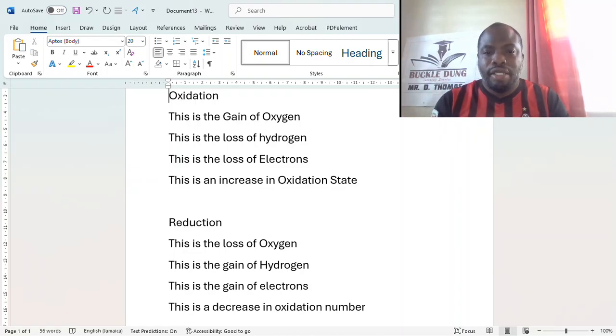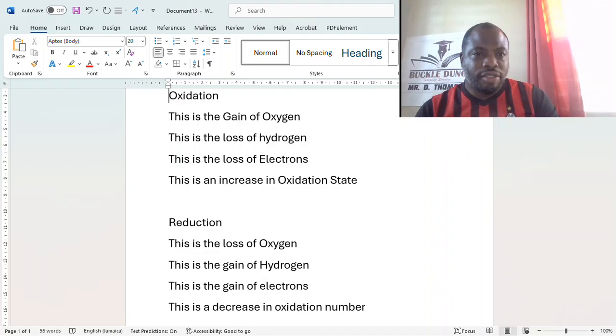And let me just say, for the background of this topic, you have to be familiar with your ions. Ions are very, very critical in this topic. It's a prerequisite to know your ions. Sometimes students don't know the ions, and that's where the challenge comes in. It's not so much the concept of oxidation and reduction.